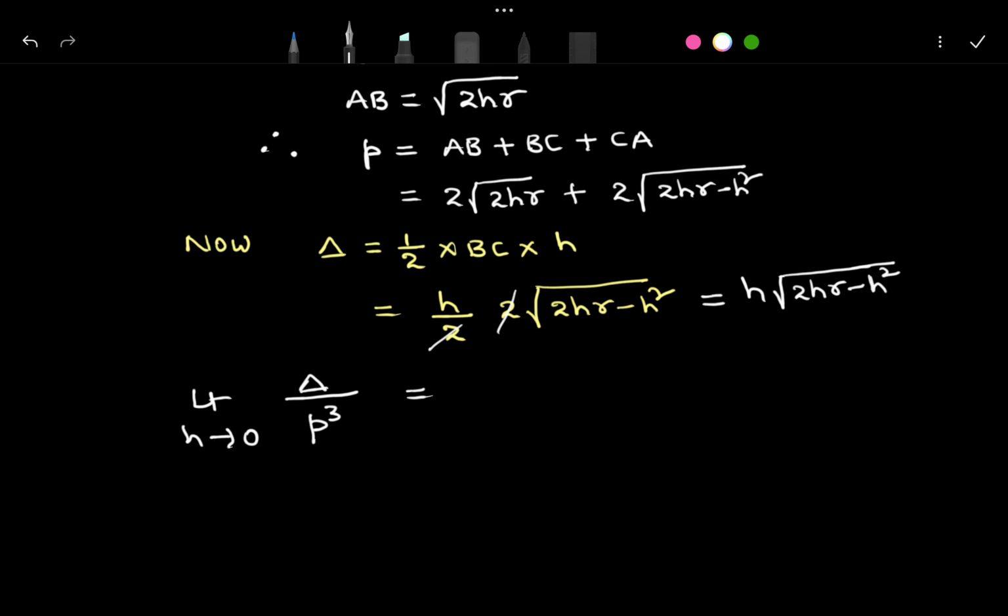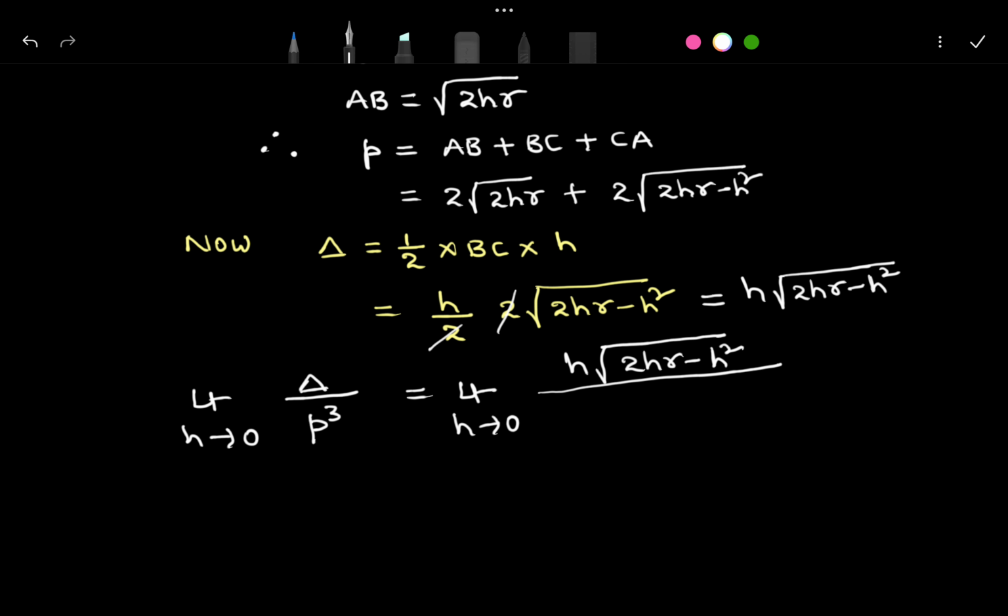So that is equal to limit h tending to 0, delta value will be h into square root of 2h r minus h square, whole divided by, p is equal to perimeter.